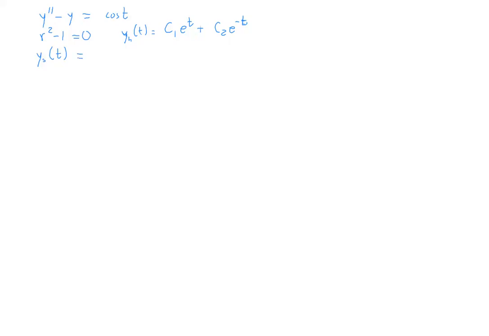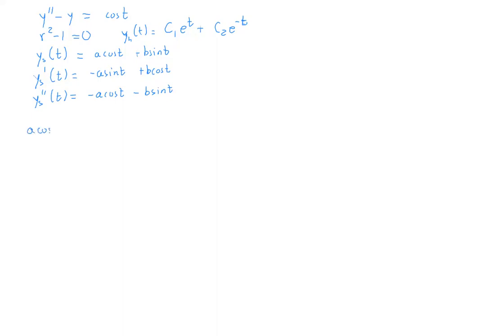And what am I supposed to do? Take A cosine t plus B sine t. And what is its derivative? Its derivative is minus A sine t plus B cosine t. And the second derivative is going to be minus A cosine t minus B sine t.